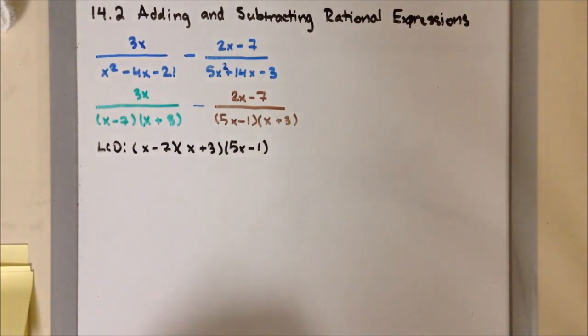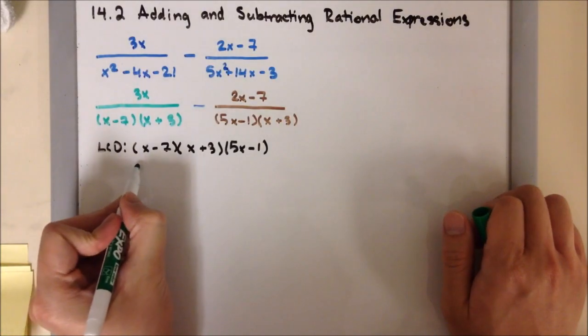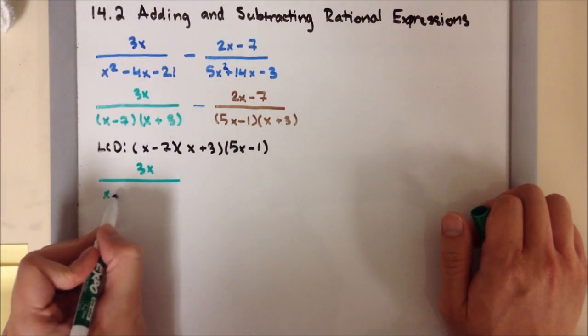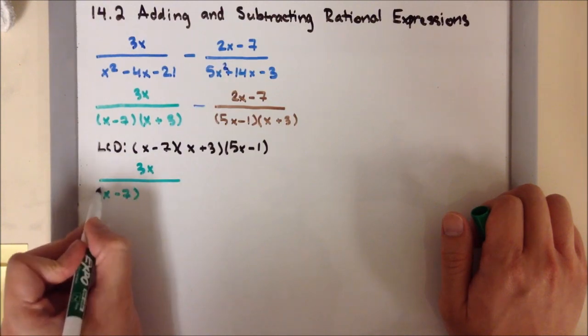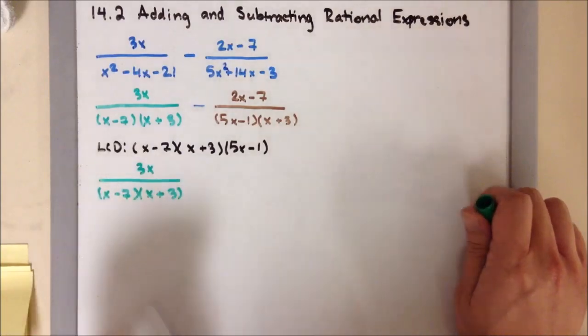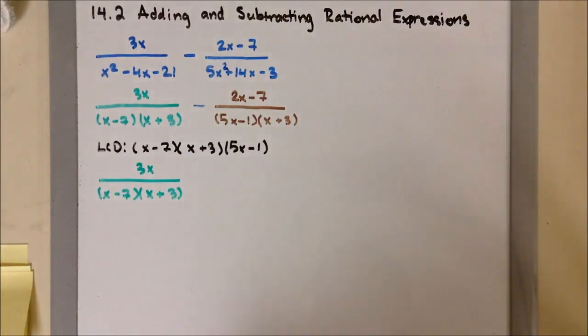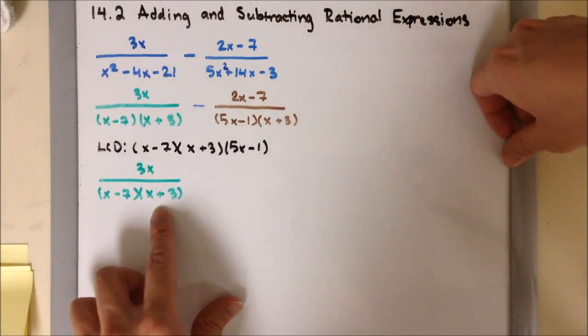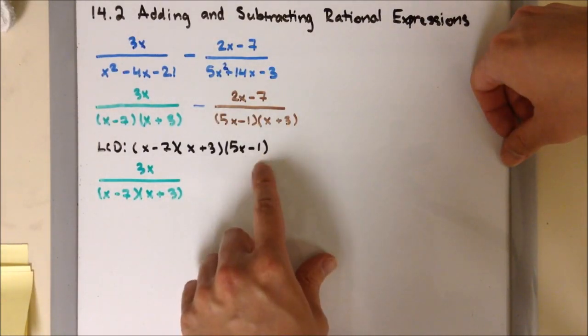Now we're just going to make our fractions have a common denominator according to our LCD. So let me rewrite the first fraction. So in comparison to the LCD, we have the x minus 7 and the x plus 3, but the only thing I'm missing is the 5x minus 1.